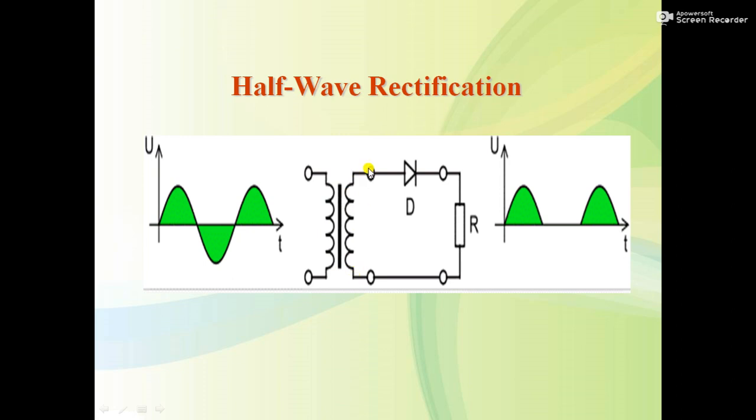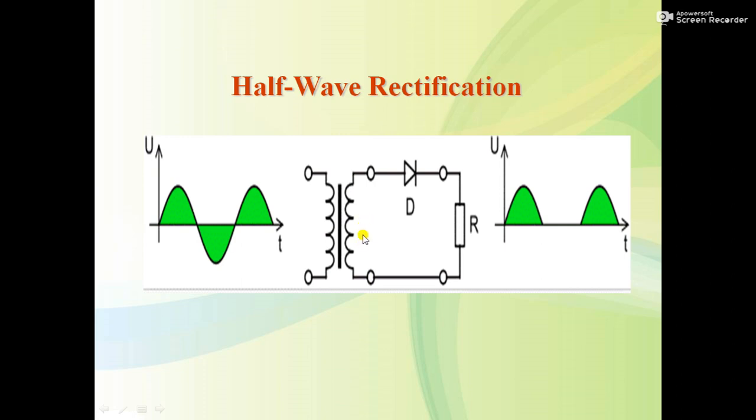And consider this is node A and this is node B, whatever output voltage we are getting at this stage. This is the primary winding of the transformer, and this is the secondary winding.